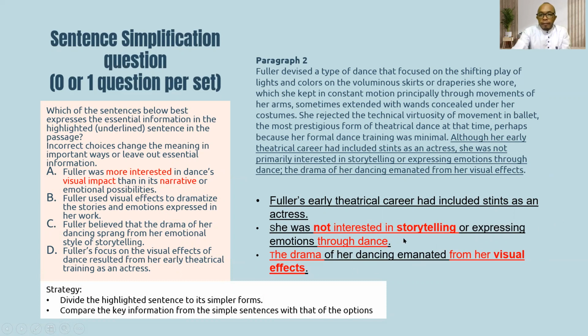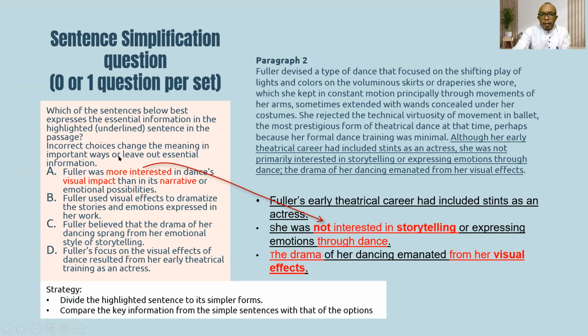Now, after you simplify the sentence into these simpler forms, you will be able to check it with the options. And here you can see that A says, more interested, not interested. So Fuller was more interested in dance's visual impact. She was not interested in storytelling. She was more interested in dance's visual impact than in its narrative.